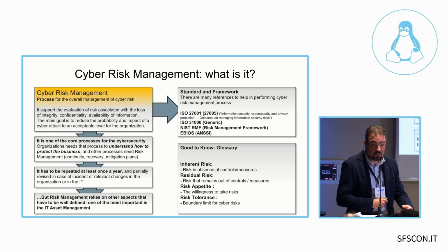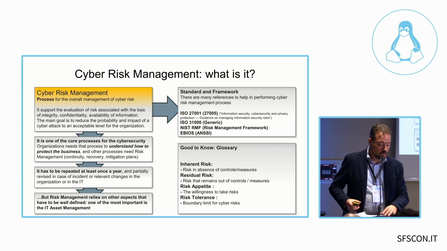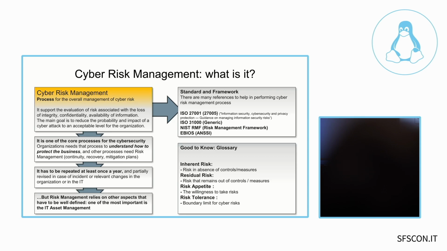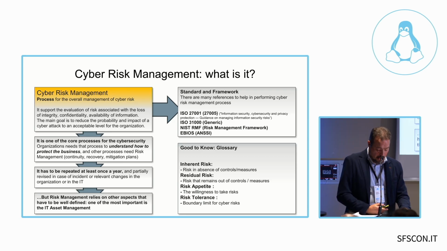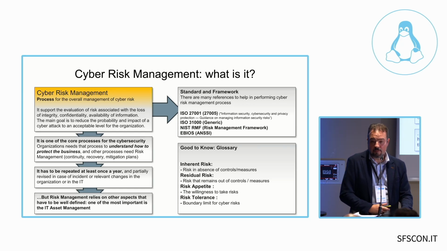The ISO 31000 is a more generic framework, starting from operational risk, but can be used and tailored to produce our own risk assessment process. NIST RMF is a good framework, and now there is also the RMF for artificial intelligence. And from the European point of view, one of the most commonly known is EBIOS, a French methodology coming from the French National Agency.